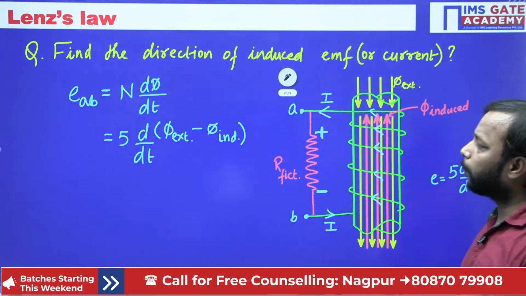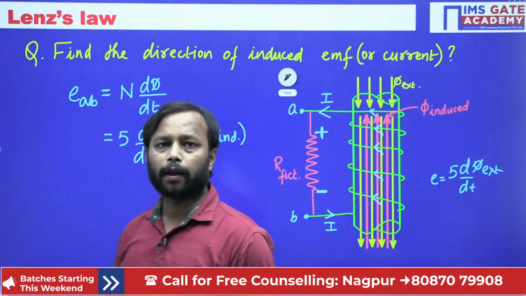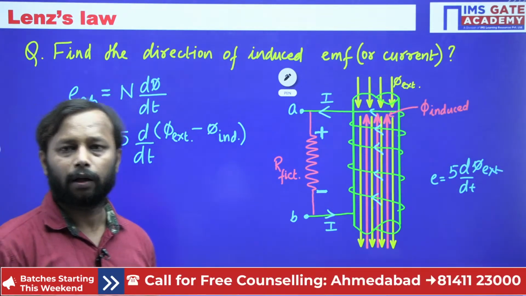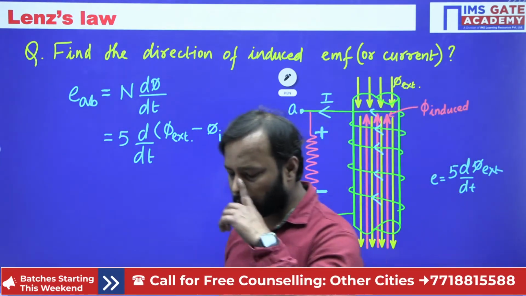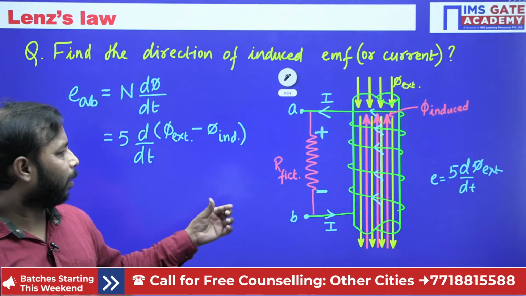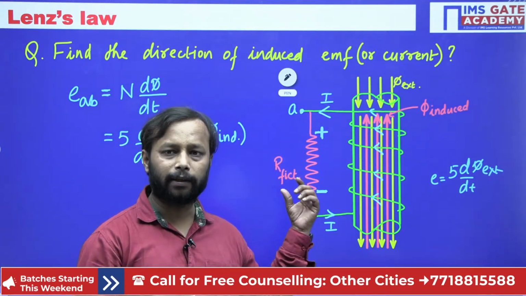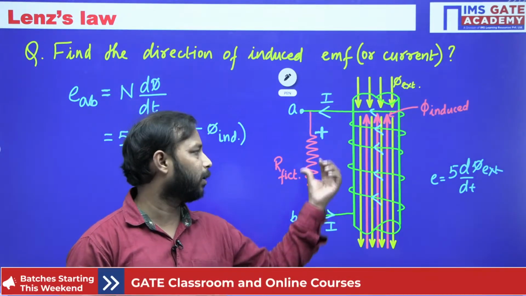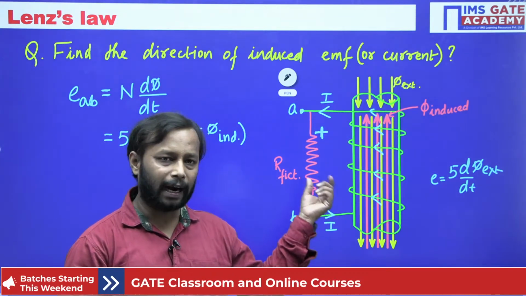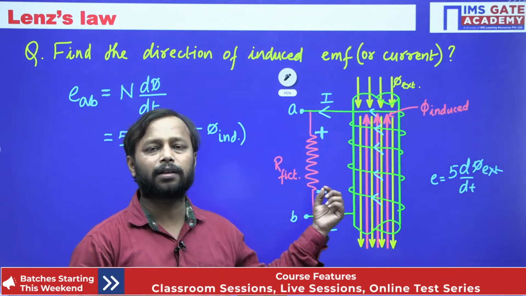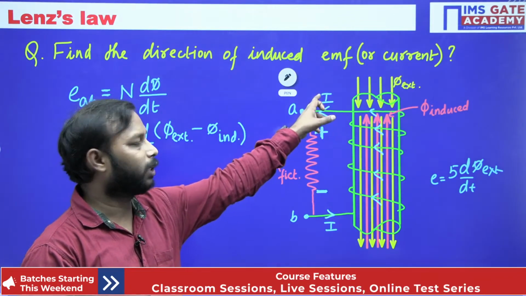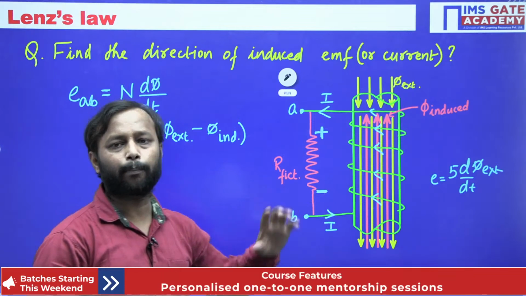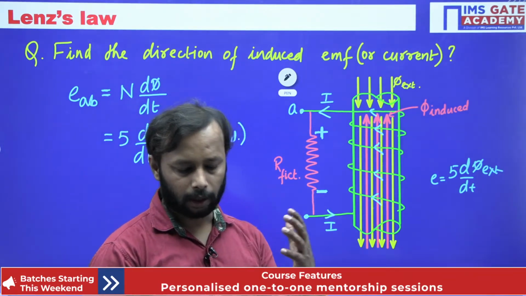Done. So in this manner, you will find the EMF magnitude as well as the polarity of the EMF. Please keep one thing in mind, that whenever you are trying to find the polarity, please insert the fictitious resistance, and from there you will judge the direction of current and the polarity of the EMF. Done.